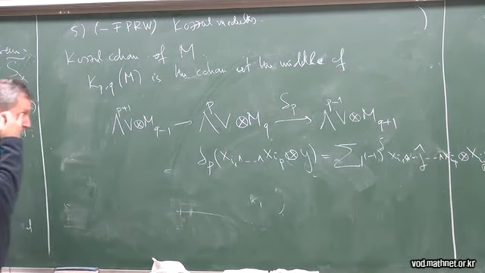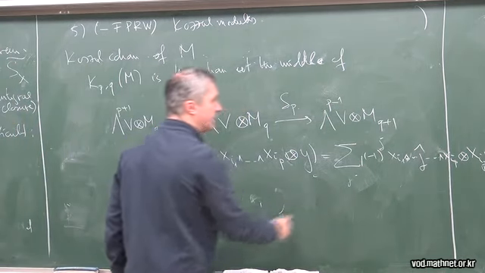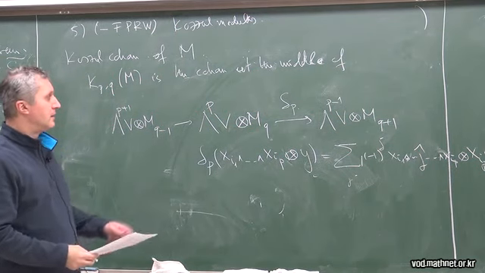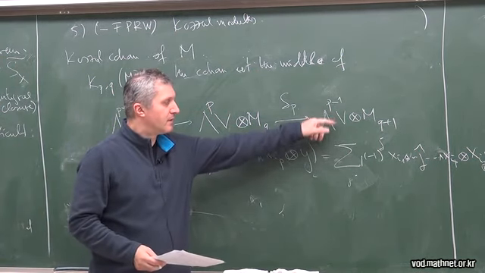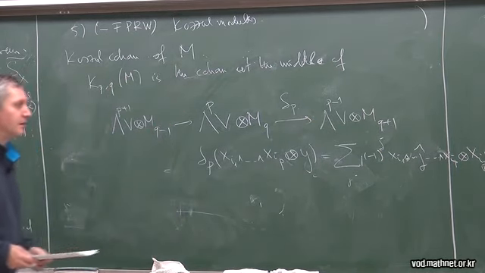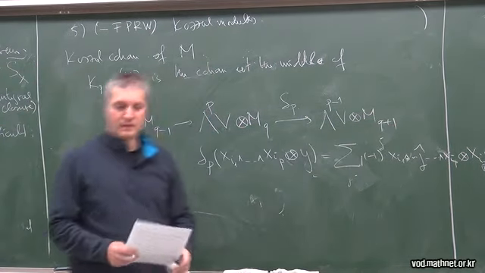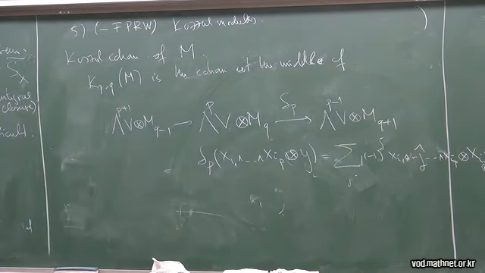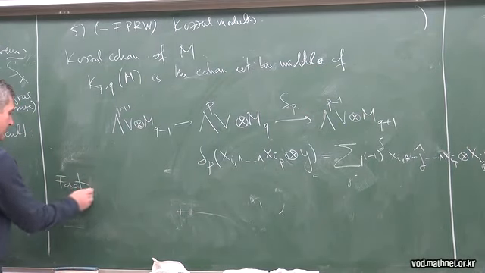So now we see why the codomain is the right one, because here we reduce the number of elements of the multi-index, and we increase the degree in M. And an important fact, what's this good for?